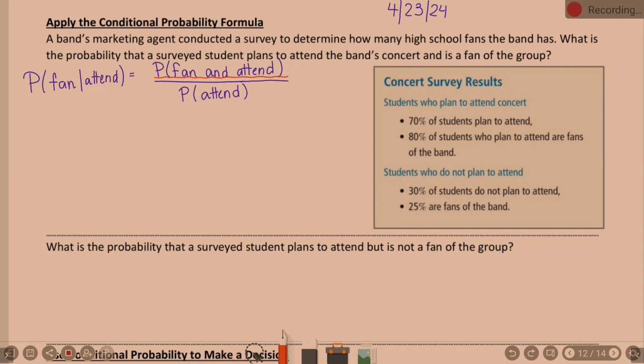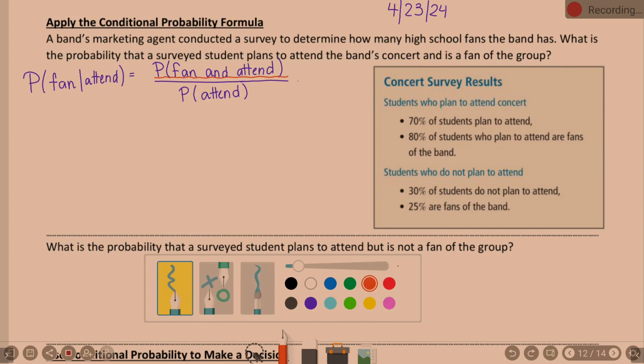Okay, so if I'm trying to solve and find this top piece here, how do I get rid of the denominator? In other words, I'm trying to move this formula around. How do I get rid of this denominator and put it on the other side? Multiply, right? If we're dividing by the probability of attending, then we multiply it to the other side. Does that make sense?